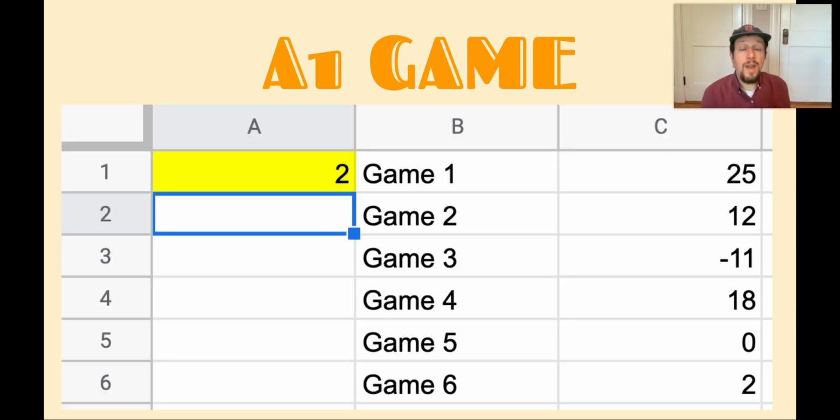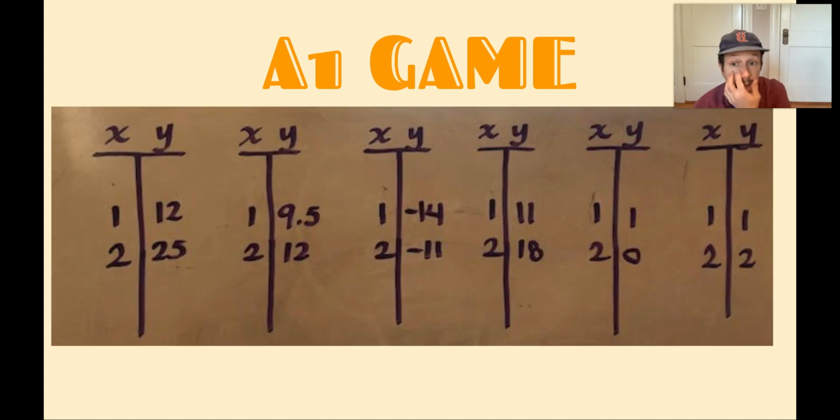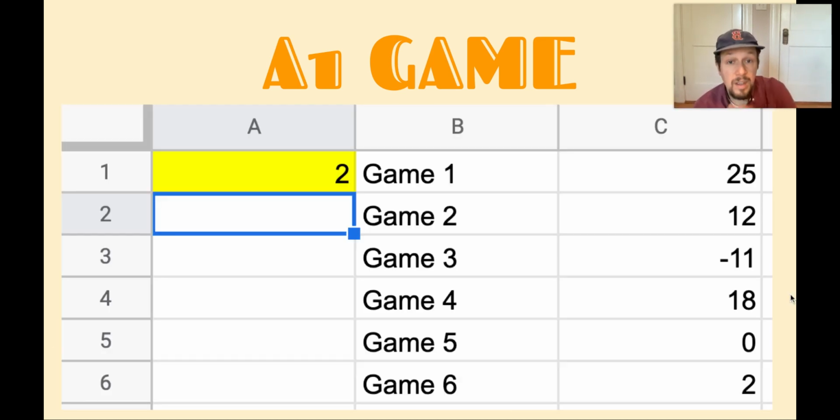All right. So X is 2. So what you can do in your t-charts is, under every single one of the games, you can fill in 2 as your X values. And here are the Y values that correspond with them. In the first game, when X is 2, Y is 25. In the second game, when X is 2, Y is 12.